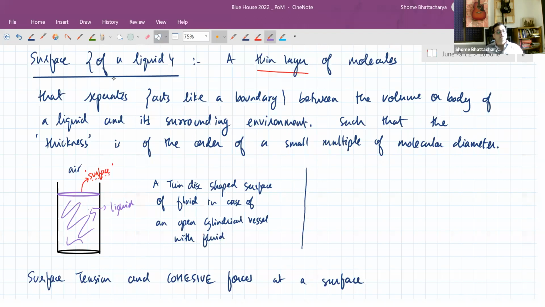If we have a volume of liquid in a zero gravity environment, it takes the shape of a sphere. It takes the shape of a solid sphere.